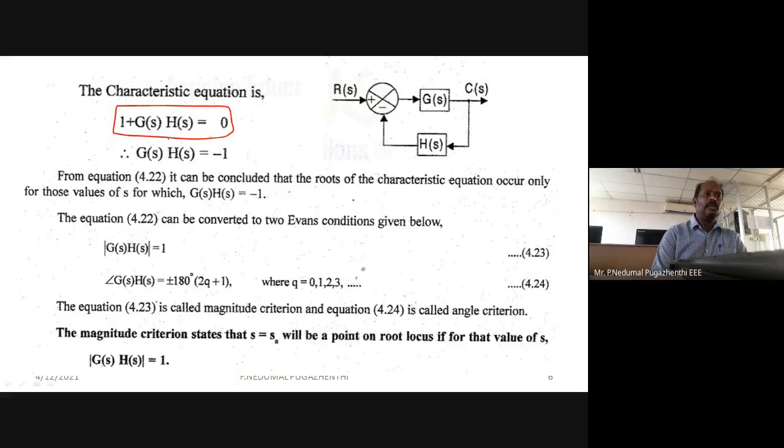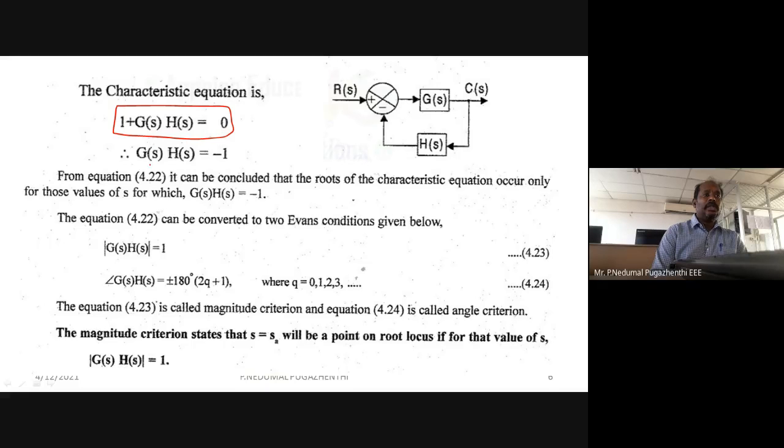Any doubts here? So what is the condition for the root locus? A point to be on the root locus can be derived from the characteristic equation. Generally it is 1 plus G(s)H(s), the denominator polynomial, equal to 0 for a closed loop transfer function.